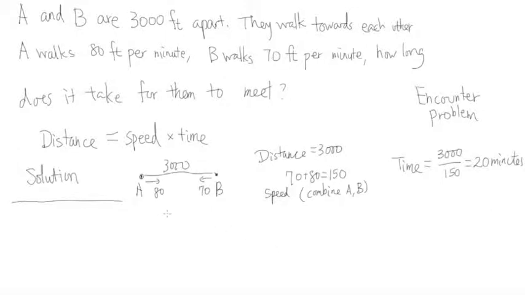All right. So this is one of the basic versions of the encounter problem. But even for this problem, one can make a little twist and make it slightly harder. So let's do a follow-up problem. Because A walks faster, A walks 80 feet per minute, and B walks 70.